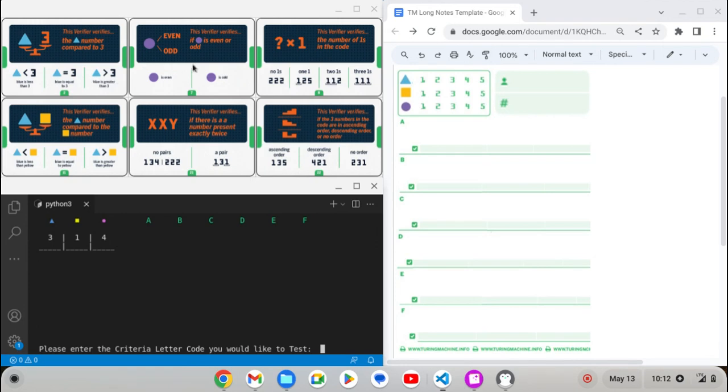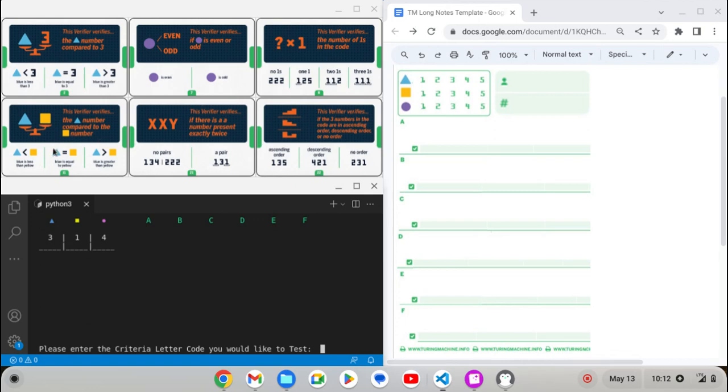Criteria B looks at the third digit, the circle digit, and lets us know whether its value is even or odd. Criteria C lets us know how many 1 digits there are in our solution. Are there no ones? Is there a 1, maybe 2 of them, or are all of them 1?